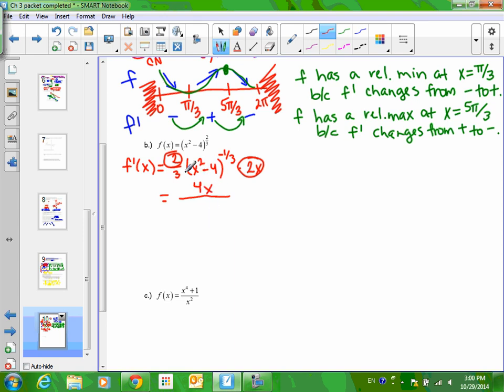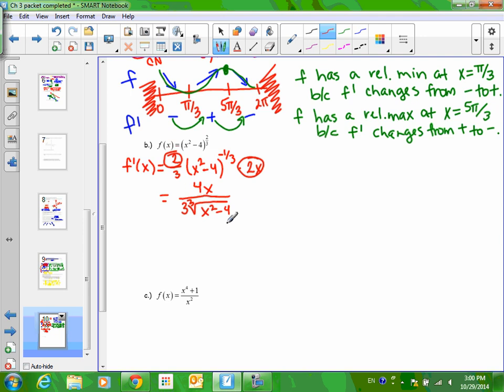We'll get to that. So the 3 we know is in the denominator. See how this is to the negative power? Where does negative power stuff go? To the denominator. And the 1/3, what does that mean? Cube root. So I'm going to write the cube root in the denominator. The negative is the denominator, the cube root is the 1/3. And then I'm going to go x squared minus 4.